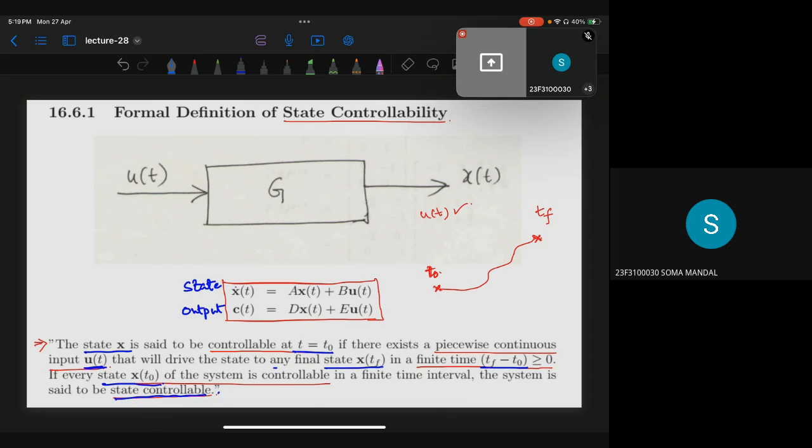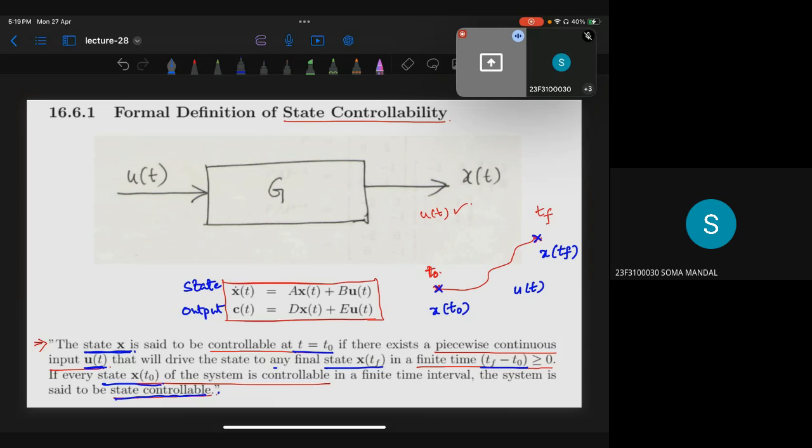In simple words, let's say your state is starting at x of t naught at time t naught. If there exists a continuous input u of t which takes the state from x of t naught to x of tf in the finite time interval tf minus t naught, then we can say the state x is said to be controllable.